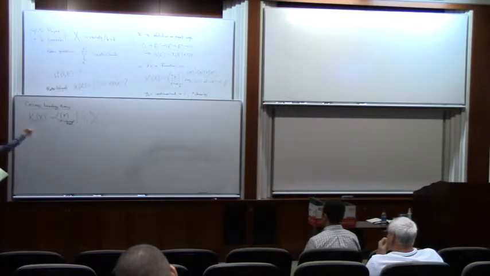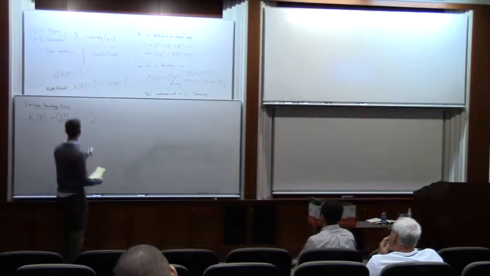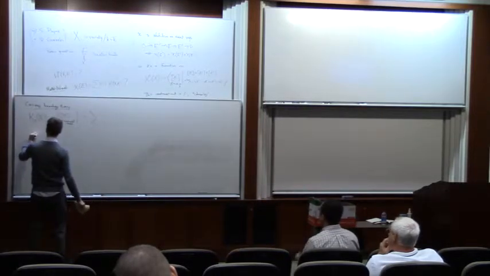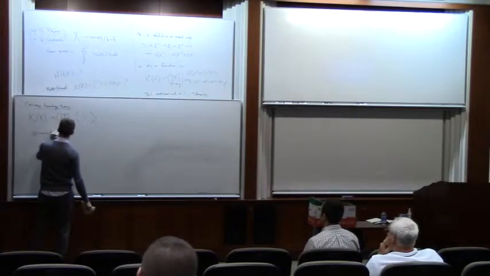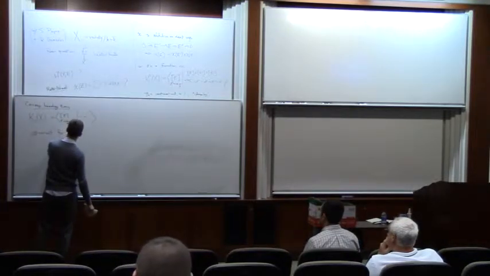So this is some bigger class of objects you can associate to X. And this is covariant for proper maps.